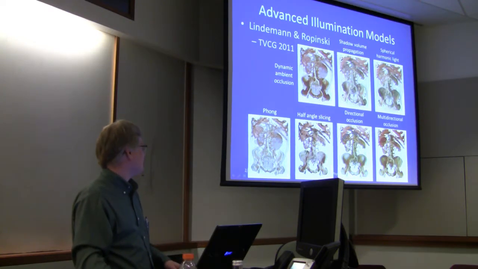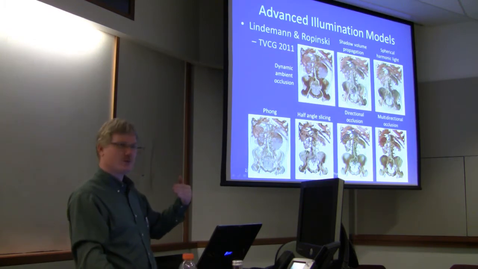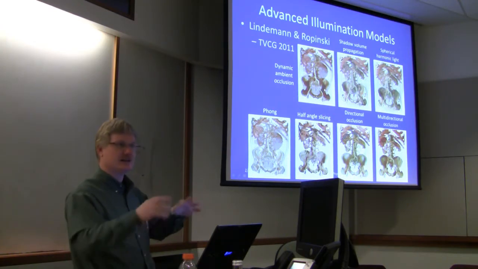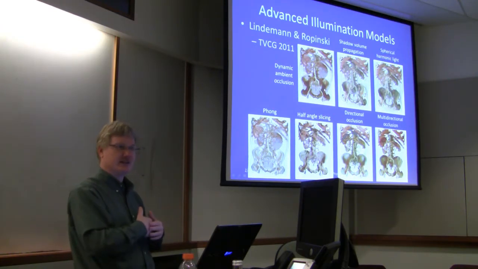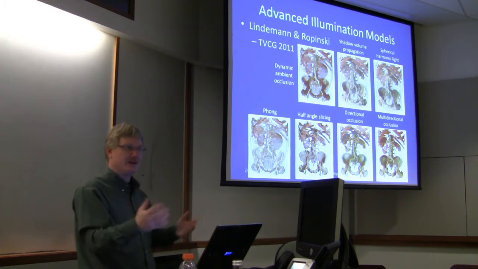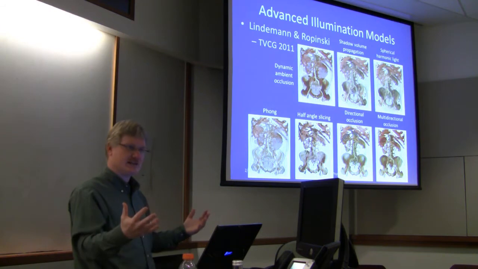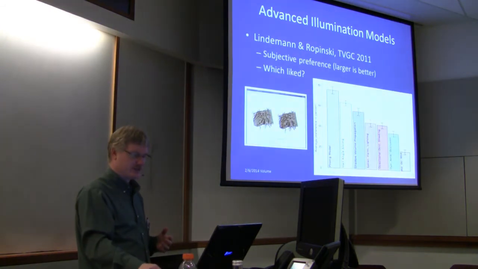And so this is the Phong illumination. So this is basically saying I'm going to do no shadows, but I'm going to do the local gradient, I'm going to light it as if it were surfaces, and then this is more and more increasingly complex ambient occlusion, different rendering techniques, right? And so they said, okay, we've made a volume renderer that can do all these, we're going to test this with user studies to see which ones work the best, right?